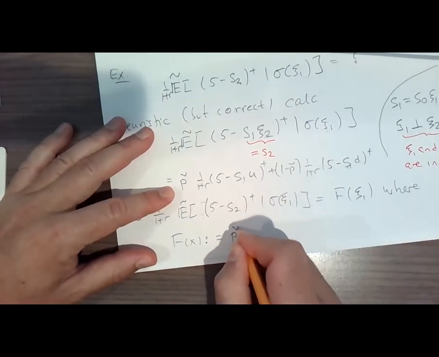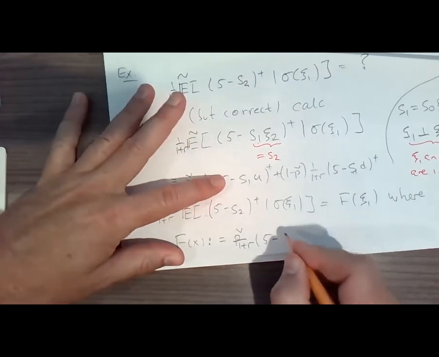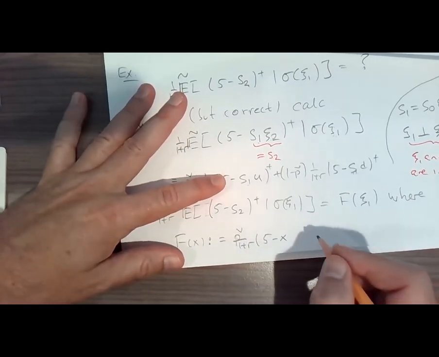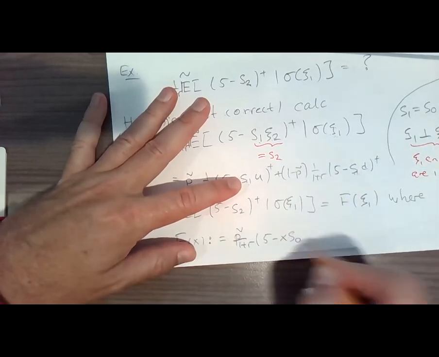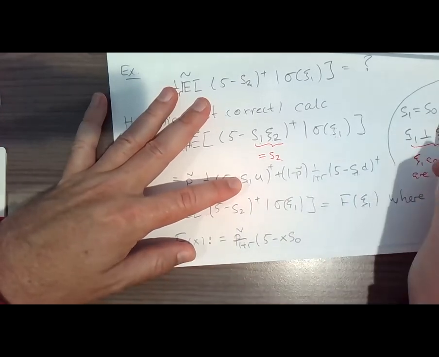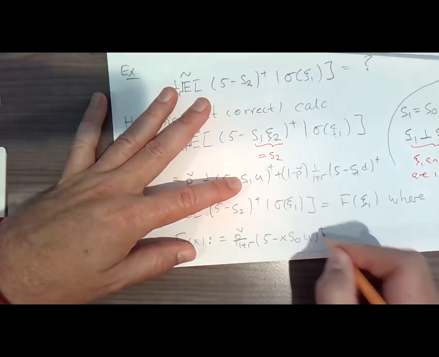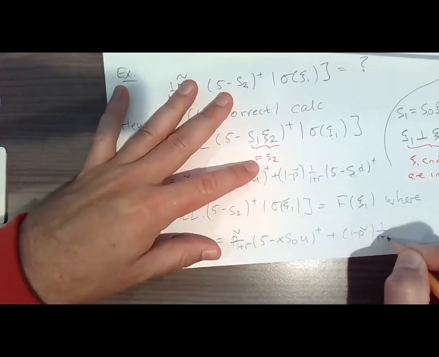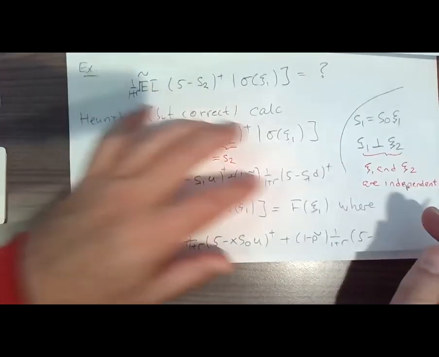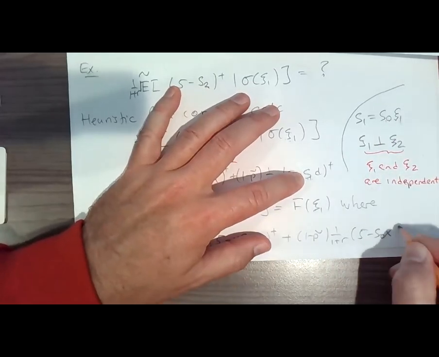This is p tilde divided by 1 plus r, 5 minus, and then you have your x. This x is going to be psi1 times S0, that goes in there, and then you have a u, positive part, plus 1 minus p tilde, 1 over 1 plus r, 5 minus S1, where S1 was S0 times d, positive part.